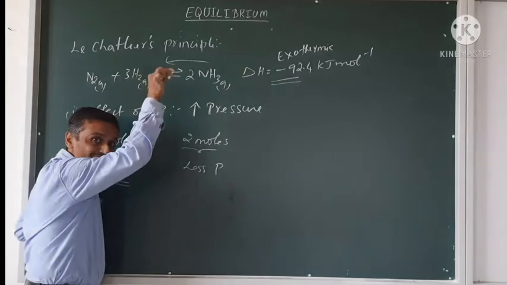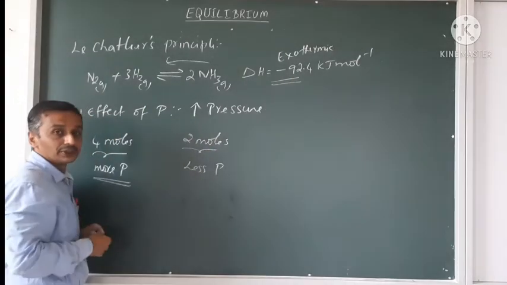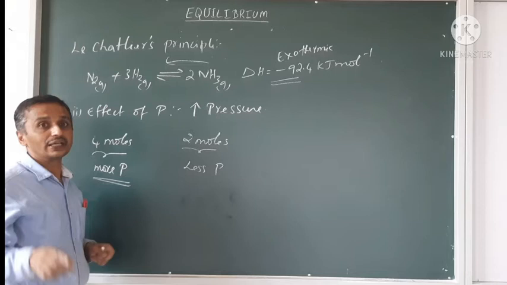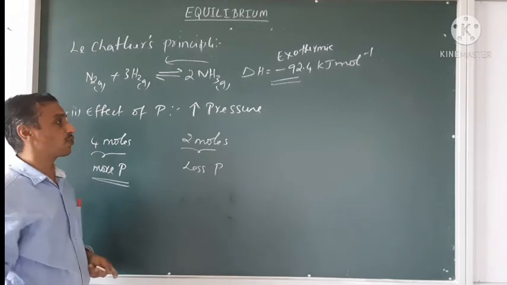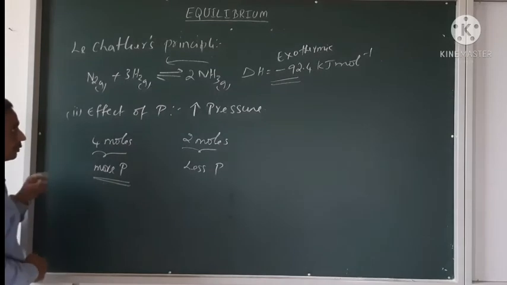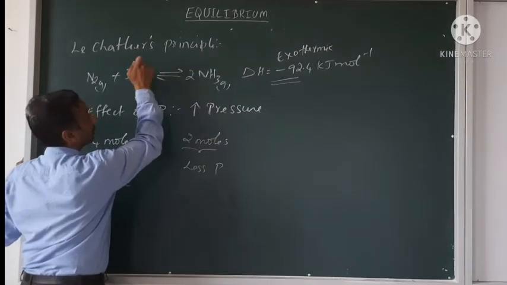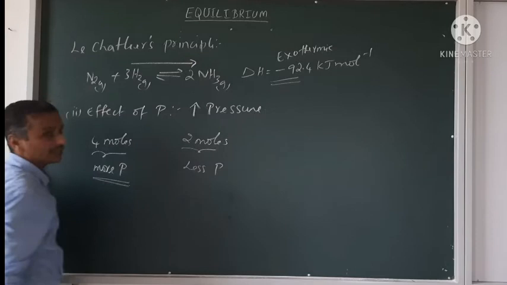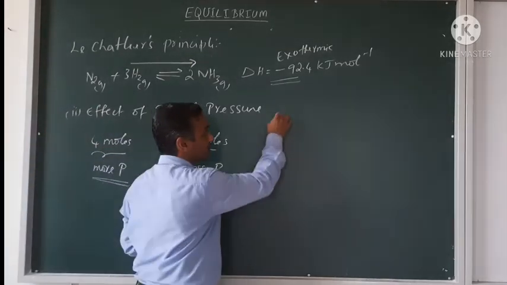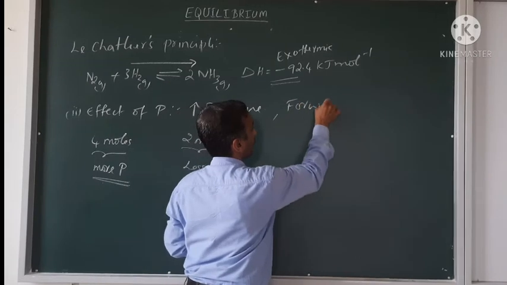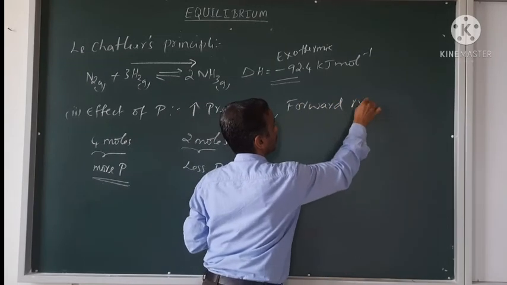So to reduce the increased pressure, the reaction is favored in a direction where there is a decrease in the number of moles. And remember, in the forward reaction there is a decrease in number of moles, which means when the pressure is increased, the forward reaction is favored.